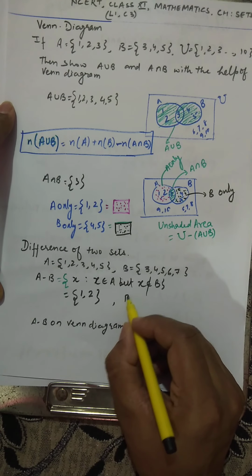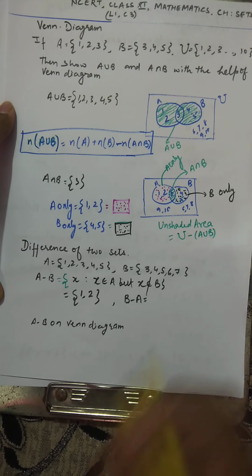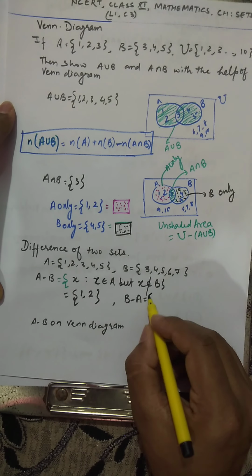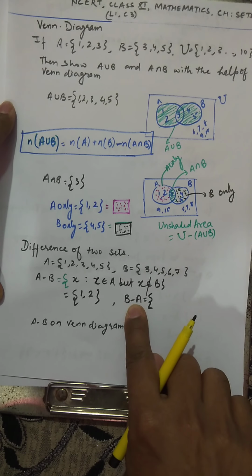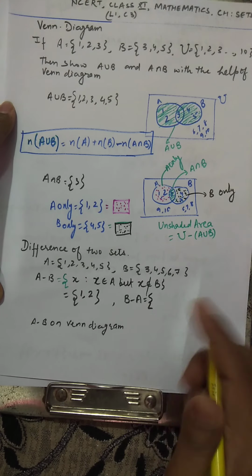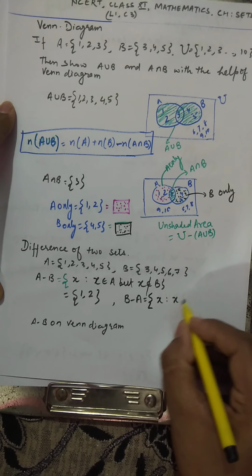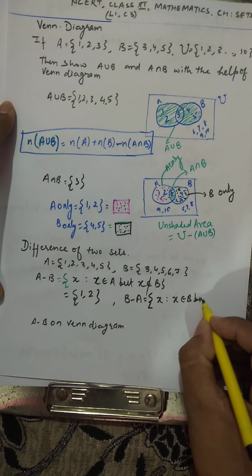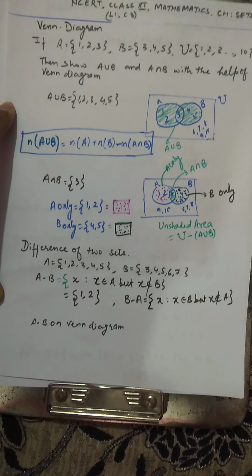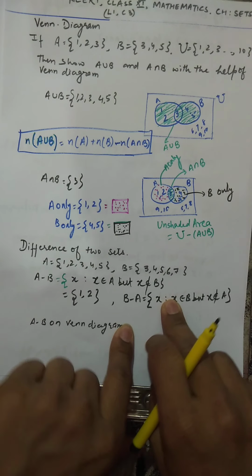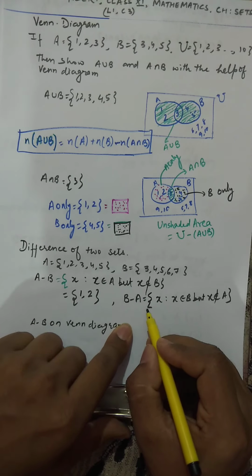Now next one is B minus A. B minus A means all the elements which belong to B but do not belong to A. Here I can write that x belongs to B but x does not belong to A. So now we have defined B minus A. You write all the elements.